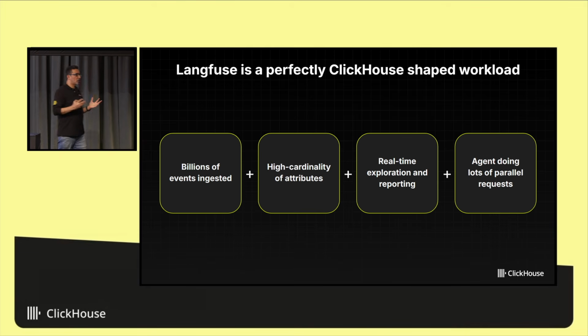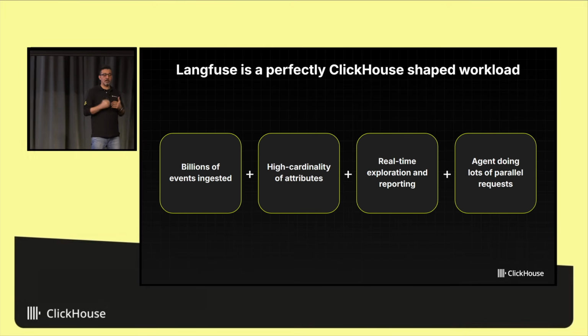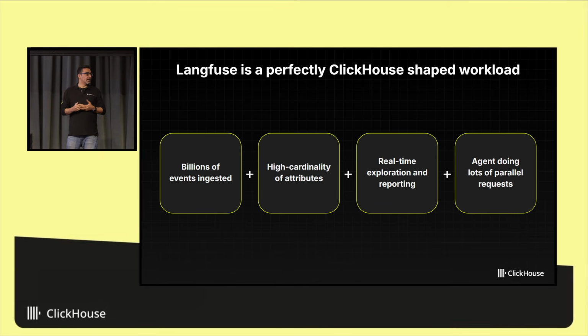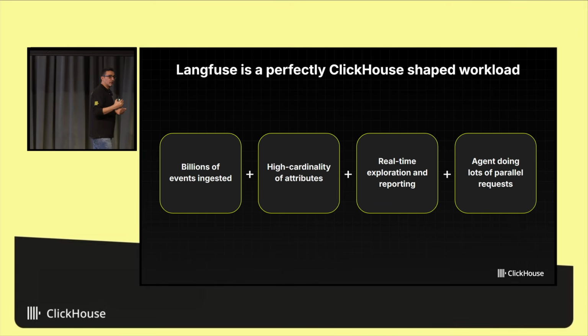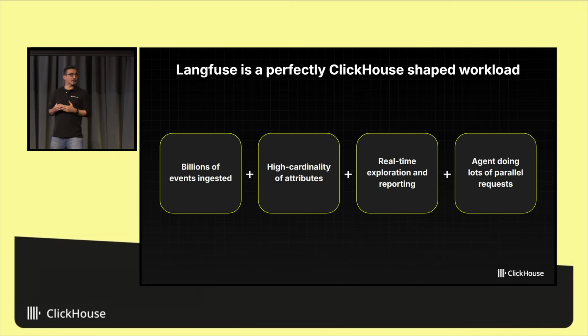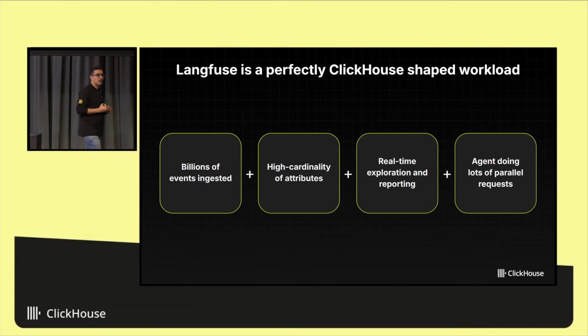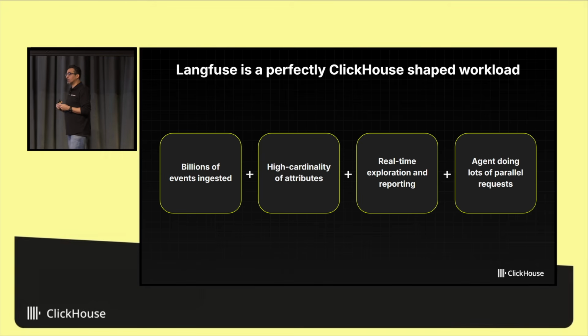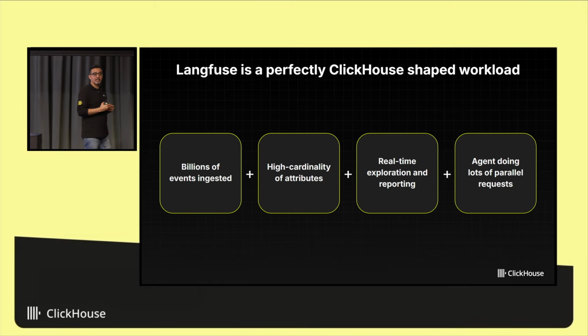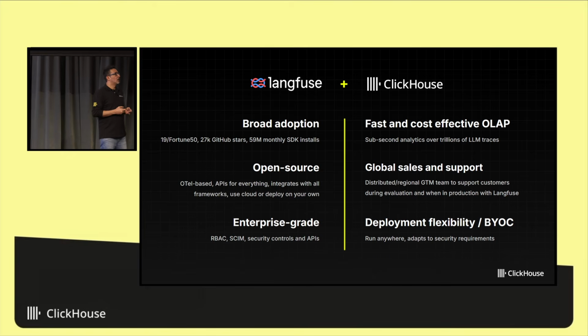It is billions of rows as they operate with thousands of customers. It is high cardinality. It requires you to see the data in real time as your agents are operating with your business. And of course, when you're using those MCP tools to improve your agents, they're going to make a lot of queries. So they needed a solution that could actually scale.